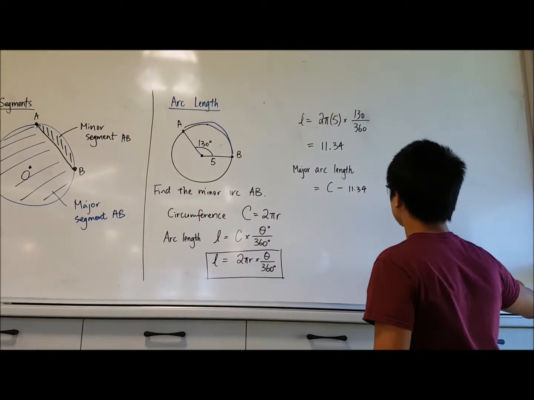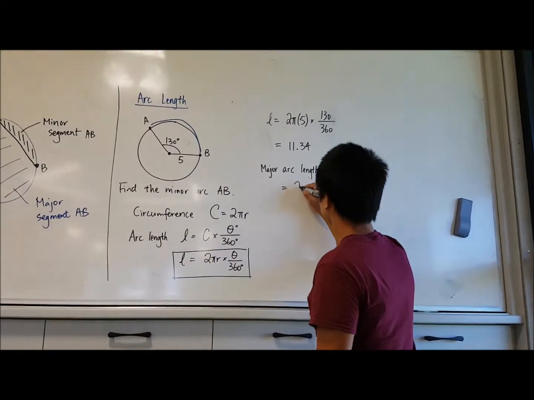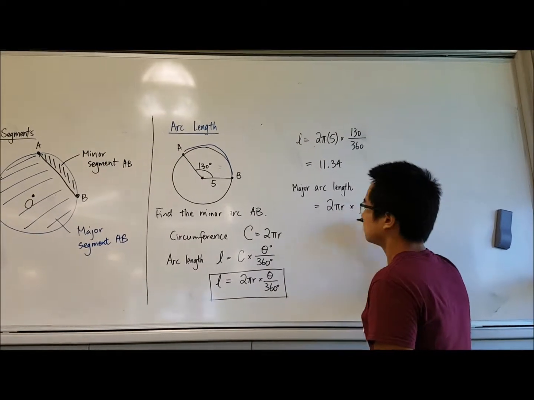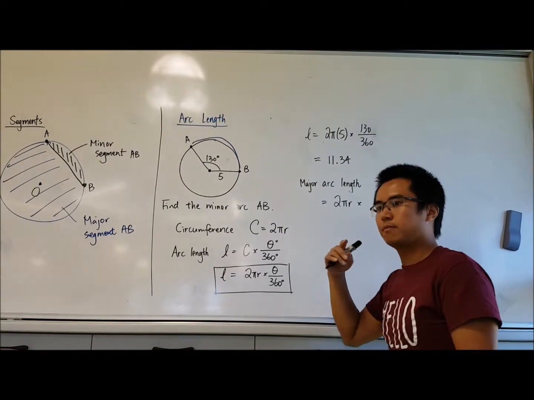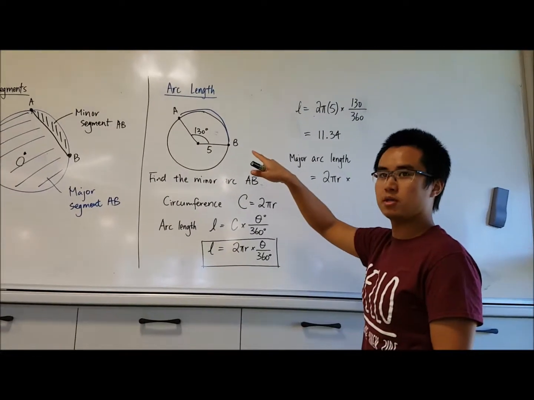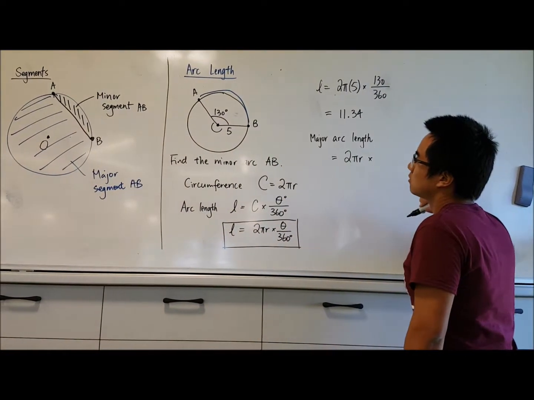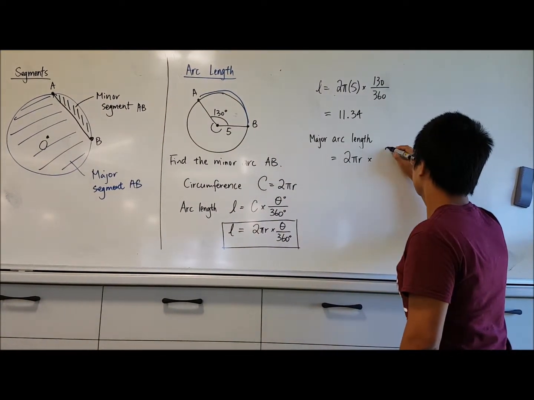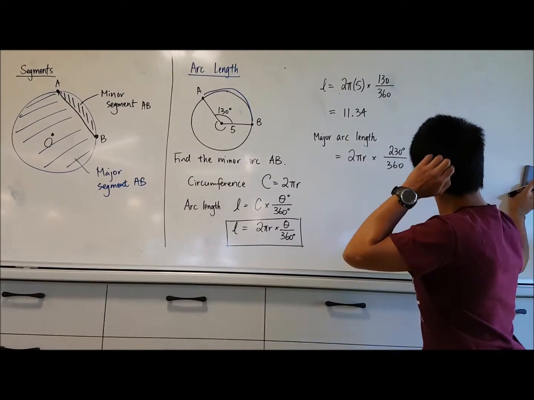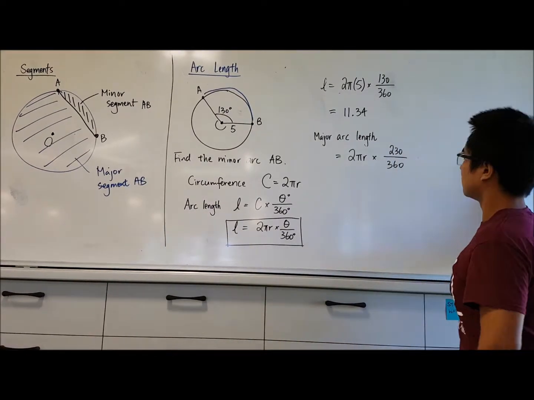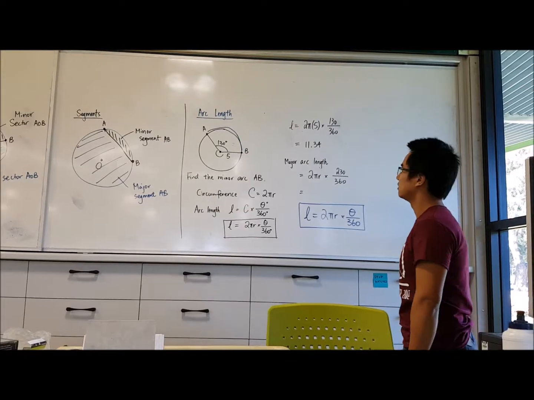Or, if I started without the minor arc length, it's the circumference times 360 degrees take away 130, so the other angle, 230 degrees over 360 degrees. Exactly like a major arc length. Can you please finish off the major arc length?